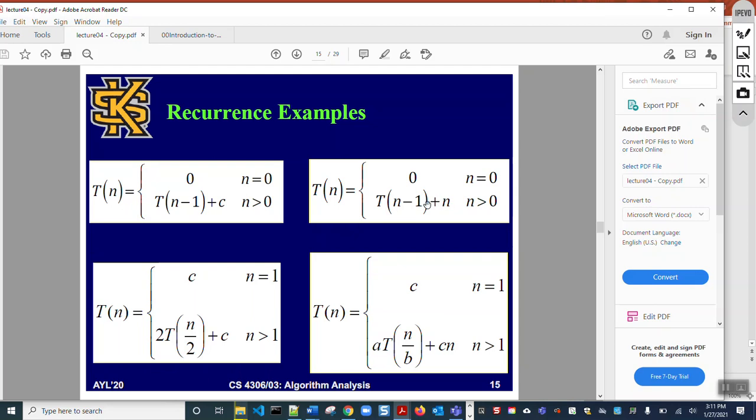And in this part, we are reducing the size by 2, like making it half.